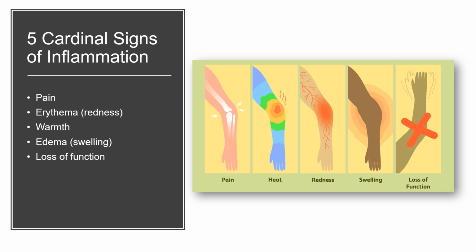And that's why we have edema, because there's lots of plasma there and lots of white blood cells, our soldiers. Then we have loss of function. Again, they believe this is because the brain doesn't want you to move that affected part so that you don't cause more inflammation. So it's important to realize this is our body's natural response to injury and infection.